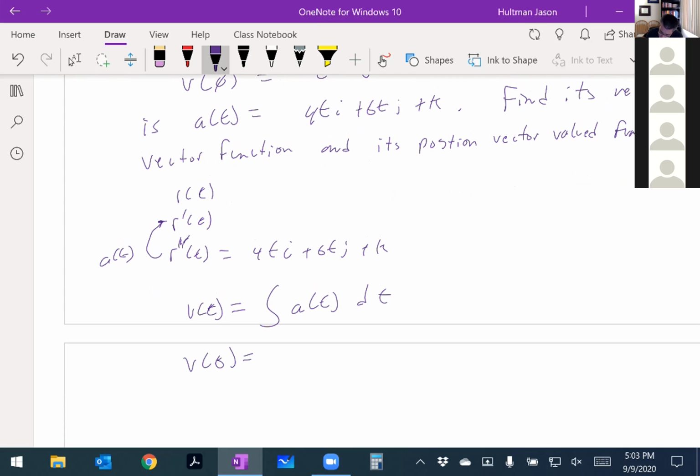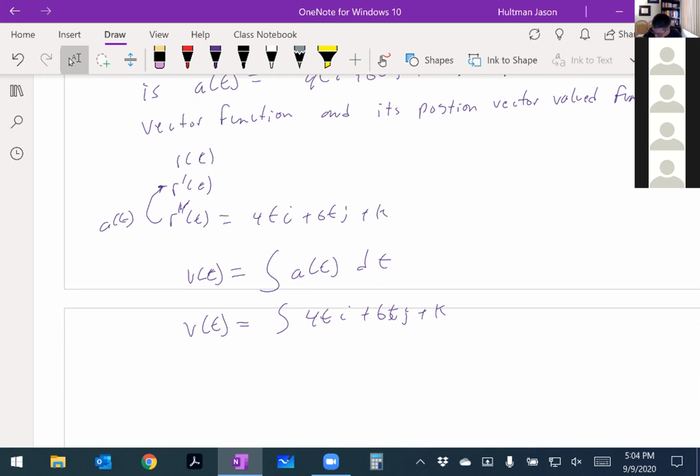So v of t is going to be equal to the integral of 4ti plus 6tj plus k. Okay, so let's integrate this component by component dt. So this is going to be 2t squared i plus 3t squared j plus tk plus c, some sort of c, right?